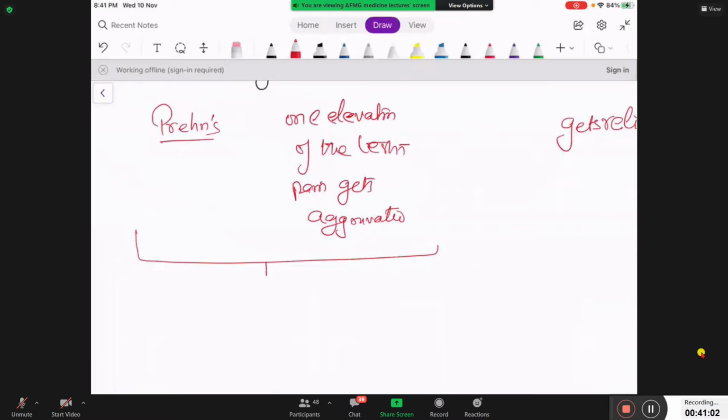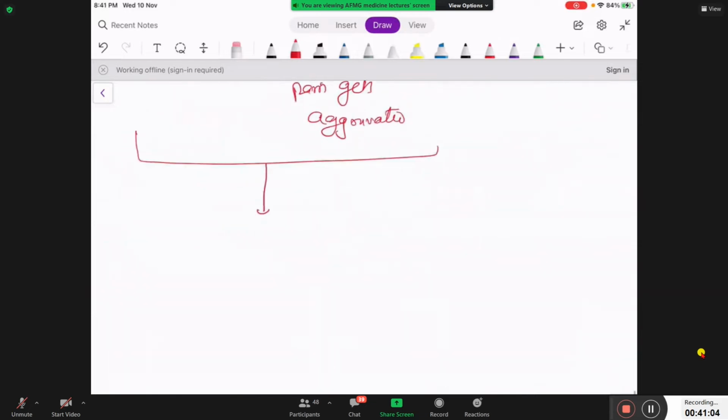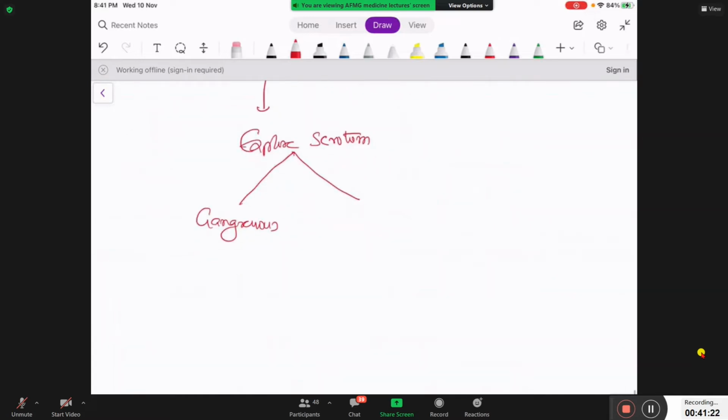So without wasting any time, we will explore the scrotum. We will immediately explore, and if the testis is found gangrenous, please, this is important, we will have no choice but to do orchidectomy.